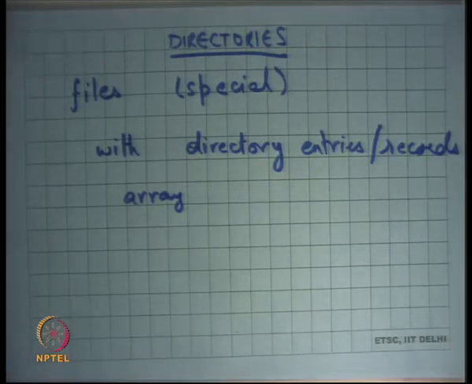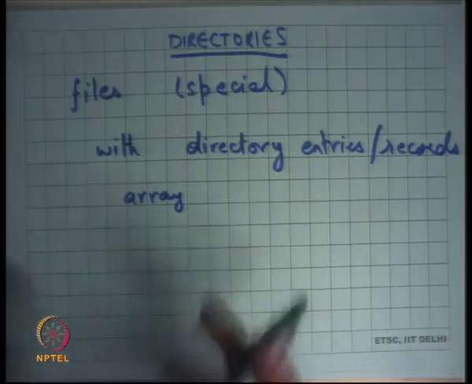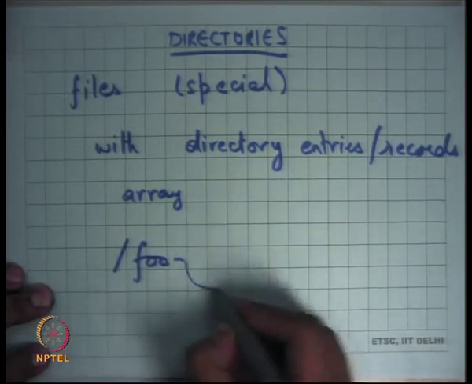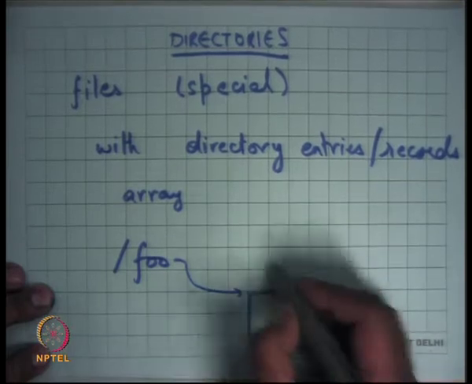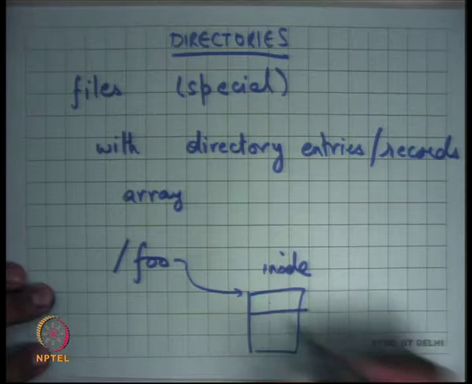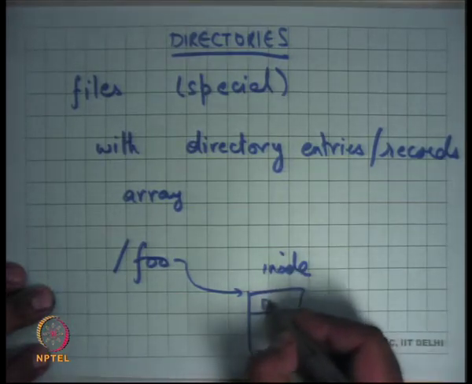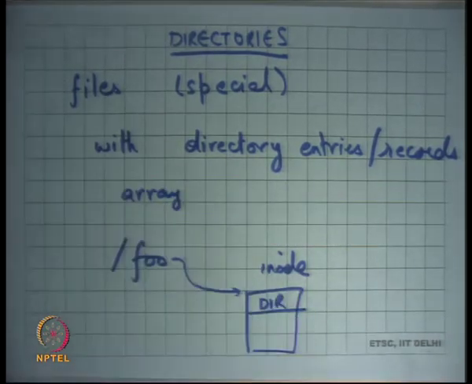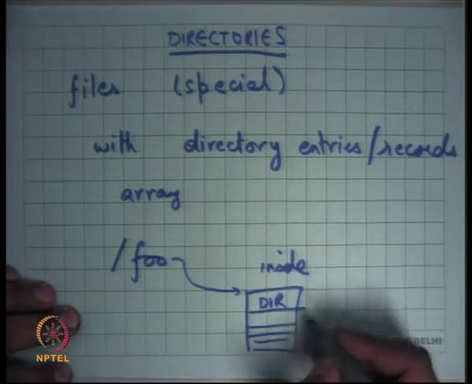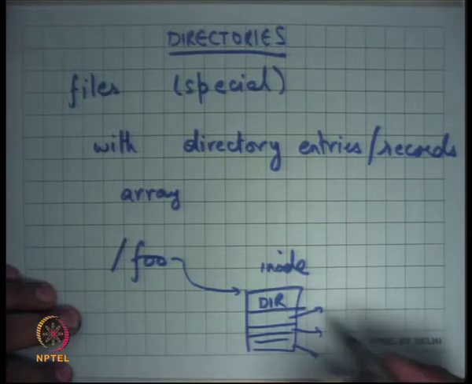So for example, if you have a directory called /foo, then /foo will point to an inode. There will be some status flag in the inode which says I am a directory. Right? All other files will have the status flag saying I am a file, so there will be a bit which distinguishes between files and directories, and then just like everything else, it will have direct pointers.